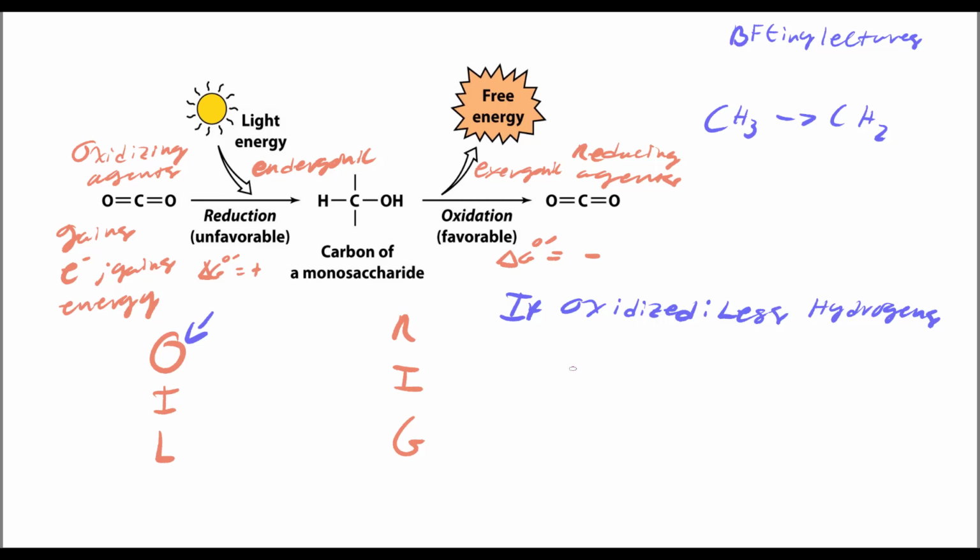Okay. You can also consider it if oxygen bonds increase. So if I go from this guy right here and I do this, right, to make a carbonyl, well, we can say that that was oxidized. Literally, the amount of bonds to oxygen has increased.